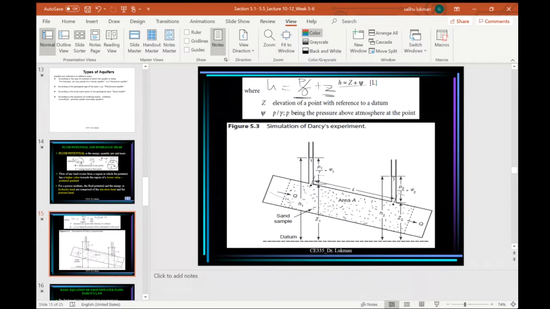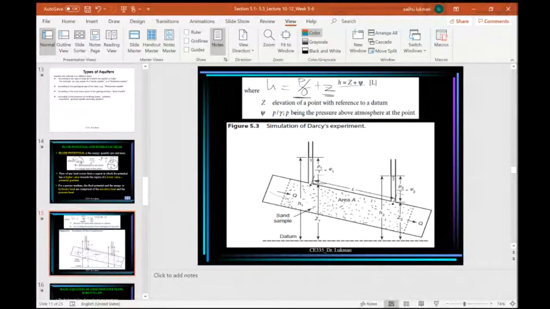Of course, as water flows, it will be losing energy, so the pressure head is going to reduce, because the pressure head is simply the energy per unit mass. The energy will be reducing because of friction and a lot of other factors, so the pressure head is going to be lower downstream.